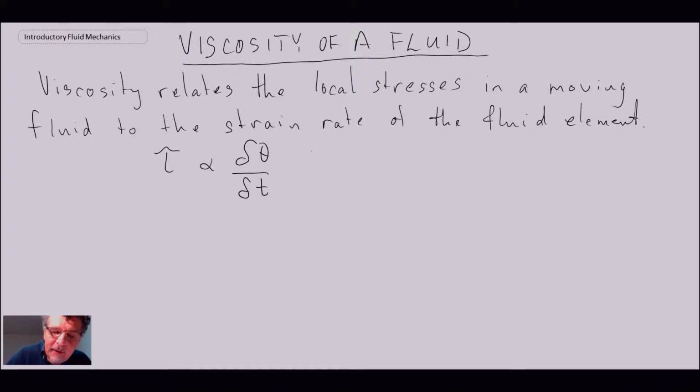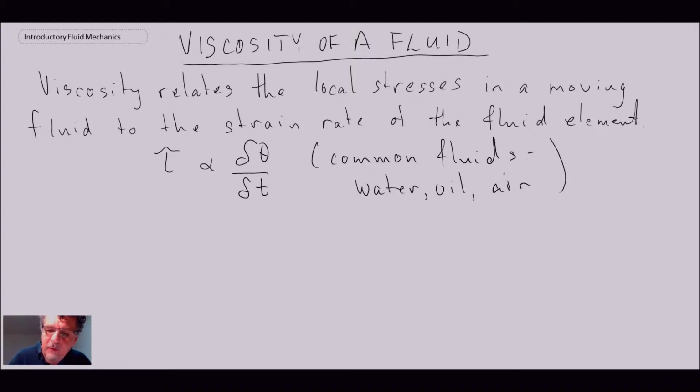This typically holds for common fluids that we often deal with, examples of those would be water, oil, or air. There are other fluids that we'll talk about in a later segment that are non-Newtonian, and for those, this type of relationship would not hold.